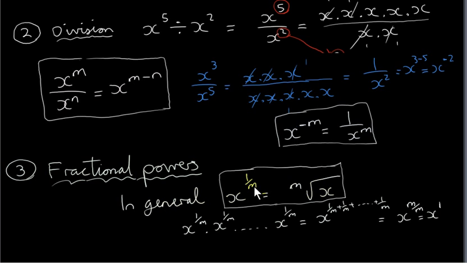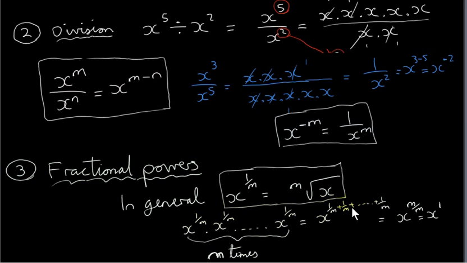So if m is 4, x to the power of 1 over 4 is the 4th root of x. If m is 5, x to the power of 1 over 5 is the 5th root of x. I've written out x to the power of 1 over m multiplied out by itself m times. So we have m terms here. And we use the rule for multiplication. We just add all the powers.